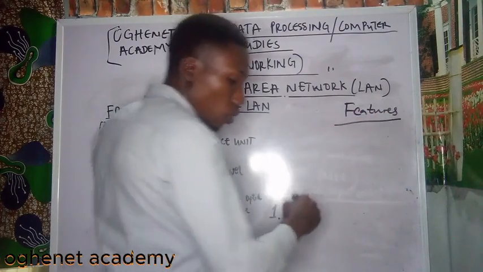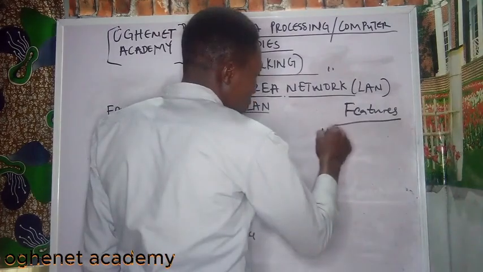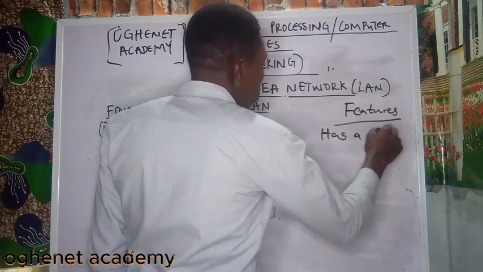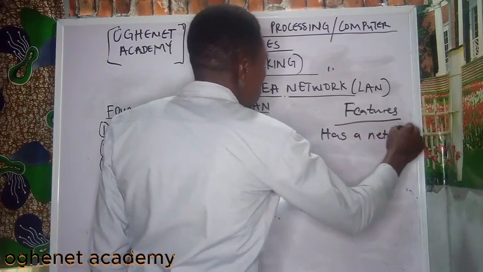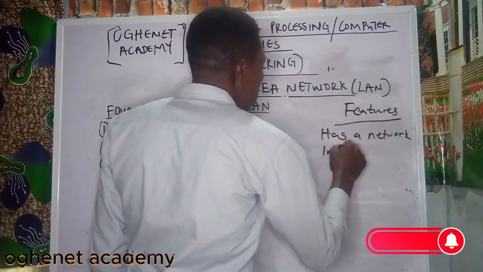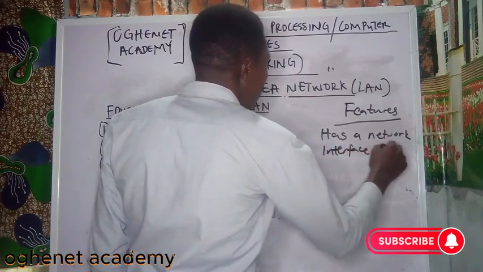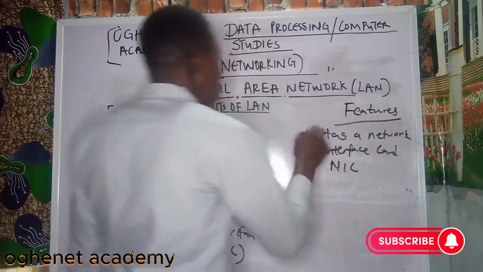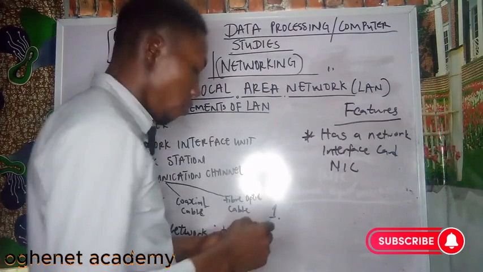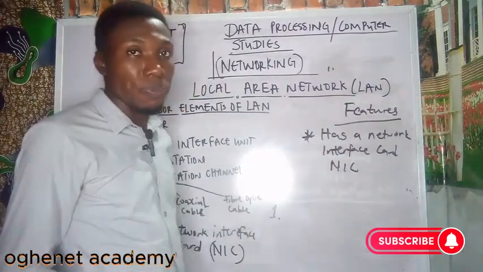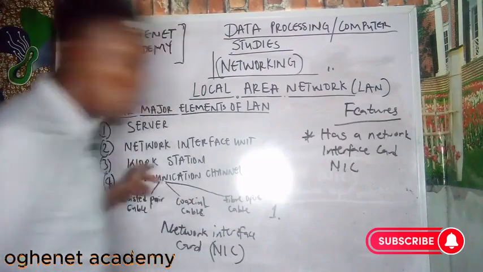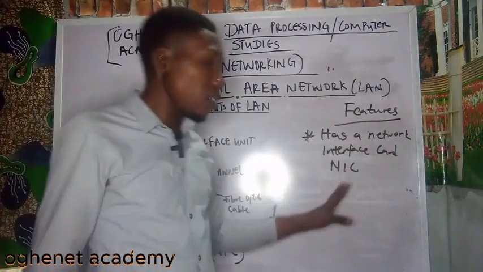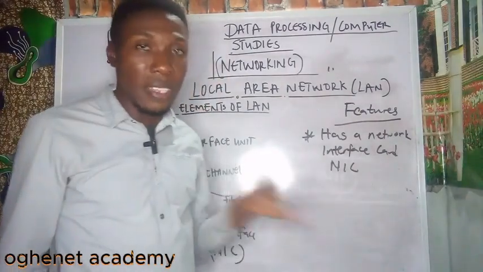One of the features is that it has a network interface card, otherwise known as NIC. This is one of the features of the workstation. It has a network interface card, also known as the NIC.